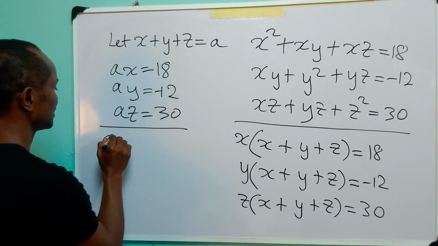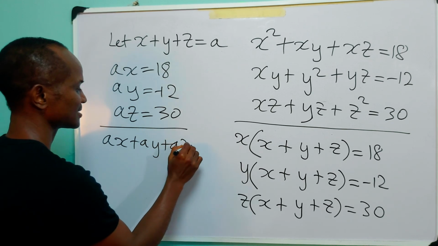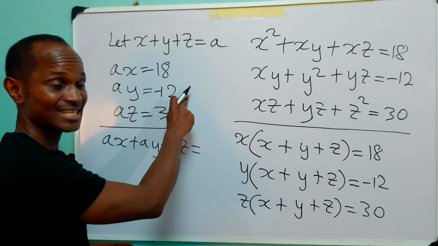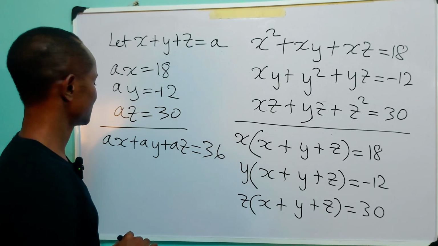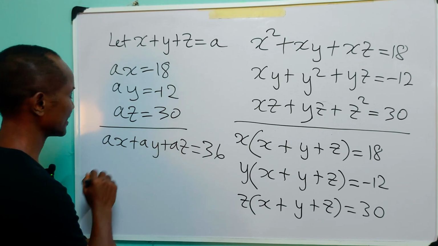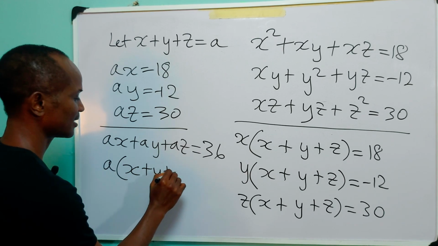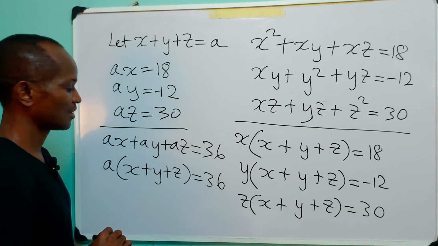So we have ax plus ay plus az is equal to 18 plus minus 12 is 6, and 6 plus 30 is 36. Let us factorize because we have a here, and a here. So we have that a into x plus y plus z is equal to 36.